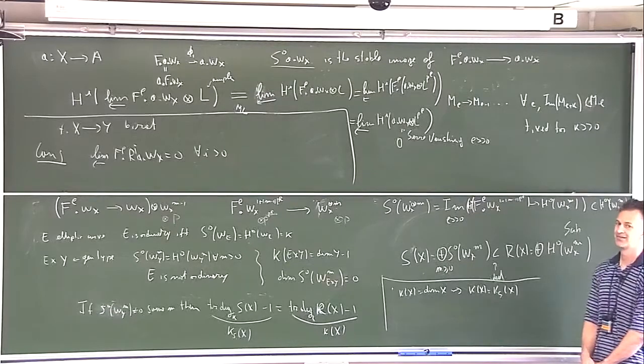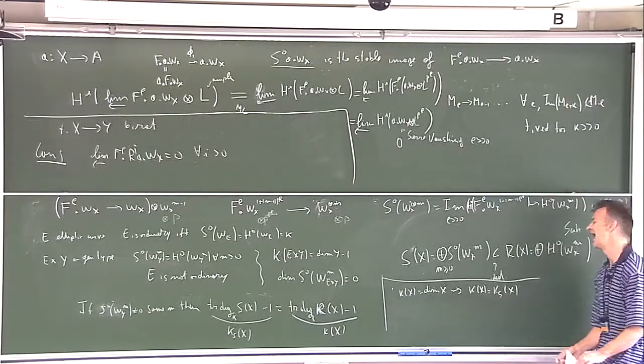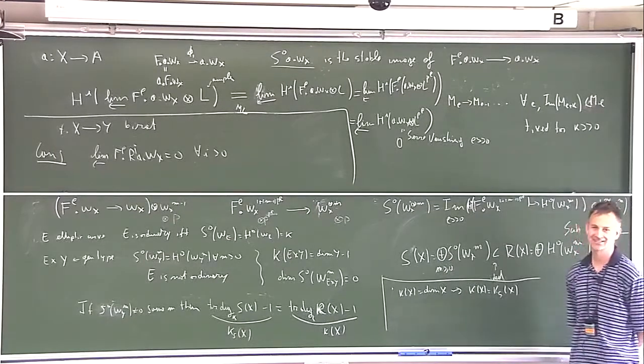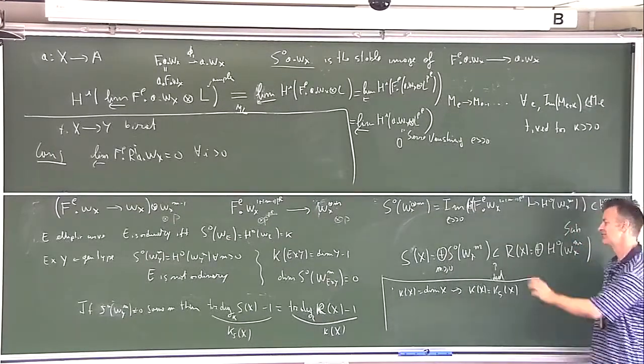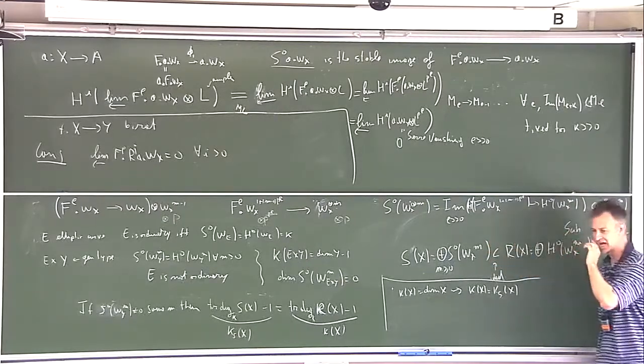So suppose you show Sx is finitely generated. How far are you from showing Rx is finitely generated? That's not obvious to me. If you knew that this is a finite extension of that, then you would deduce, I don't know. I guess the answer is I don't know.